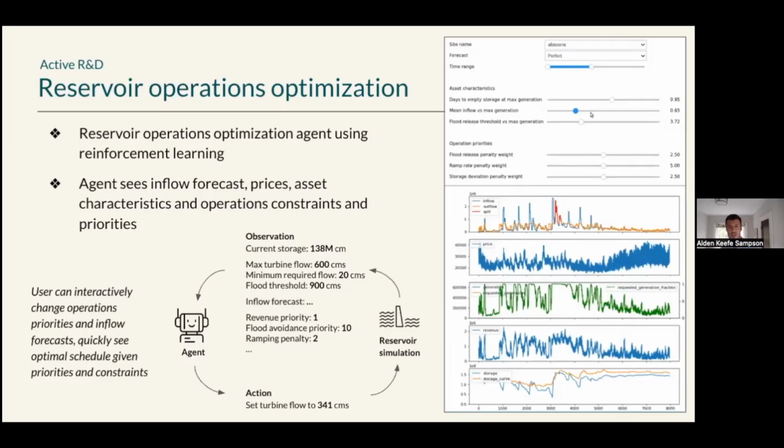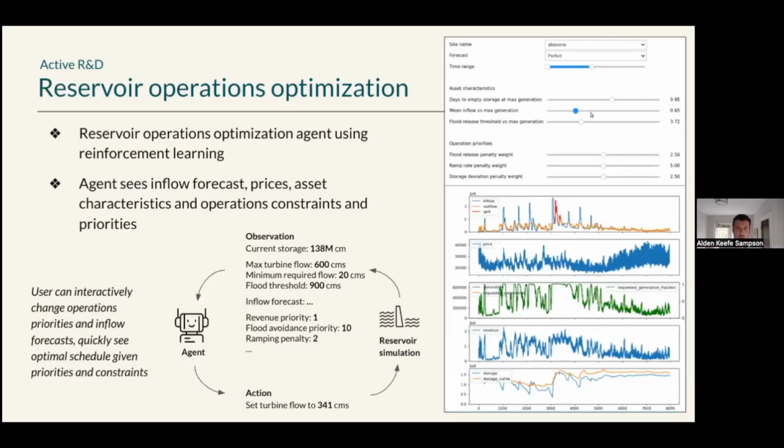And it gets feedback about how well it's doing in terms of, for example, in our case, how much electricity you're generating, how much revenue you're producing, how frequently you are doing things that we don't want it to do, like produce floods or violate regulatory constraints. And after experimenting for a long time, it ultimately becomes almost as optimal as possible given the current environment of producing reservoir schedules.